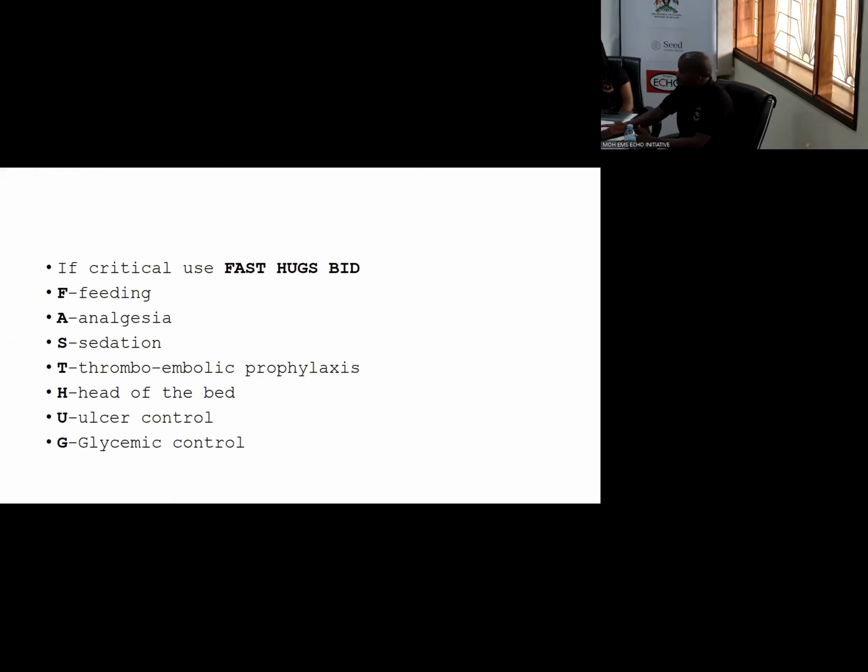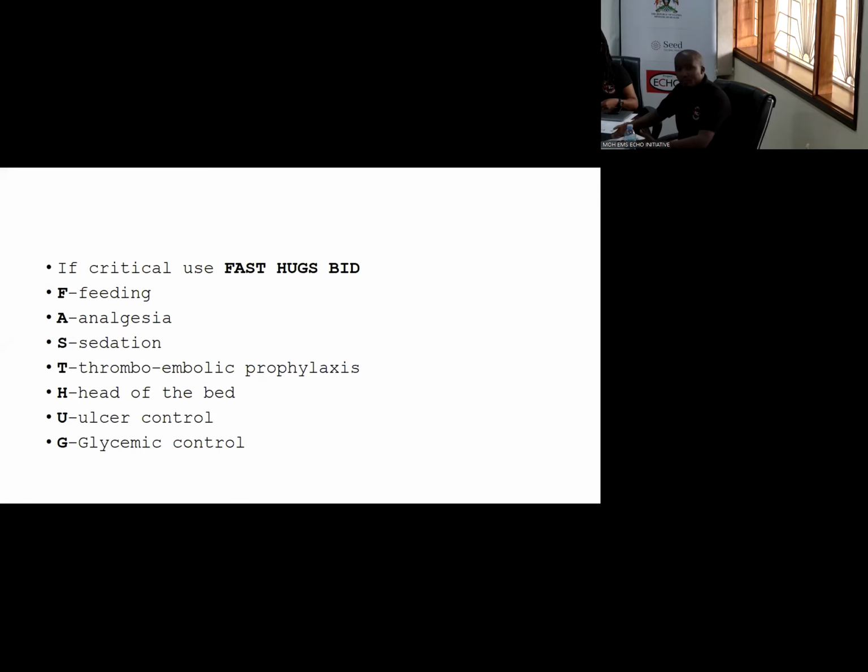Let's maintain the doses of sedation and the infusions, because once these patients come out of sedation, they are going to remove our tube, remove everything, and everything will go haywire. Then analgesia: cardioversion and defibrillation usually inflict pain.